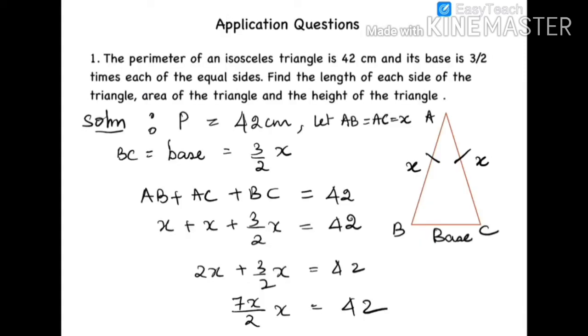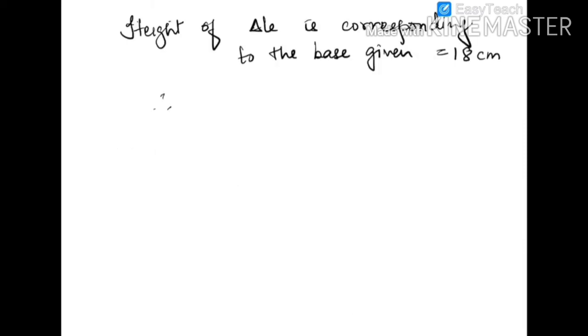According to this question, we have to find the height of the triangle. So in this case, the base is already given as BC. So we have to find the height corresponding to this base, which is 18 centimeters. Therefore, using the formula, height will be 2 times area divided by the corresponding base.